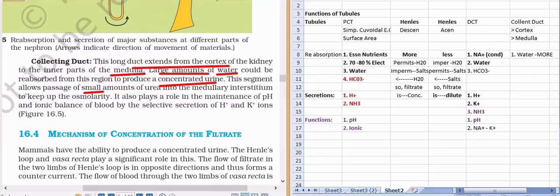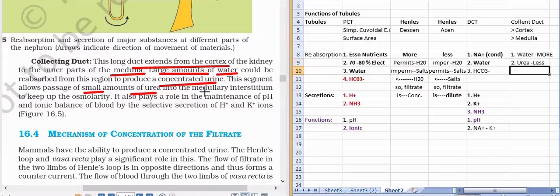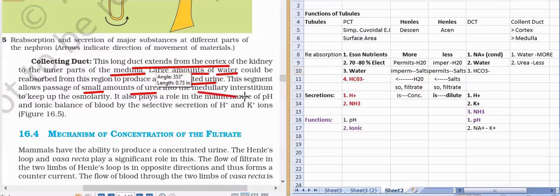Urea, into medullary. So it is a type of reabsorption only, urea, but a little, less. Why? To maintain osmolarity in the medulla. So you should write here medullary interstitium, to keep osmolarity, meaning to prevent osmosis. If everything is going from this tube and outside there is nothing, then everything can diffuse into the medulla rather than going through the tube.